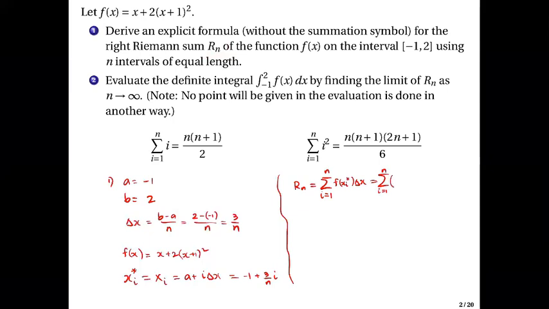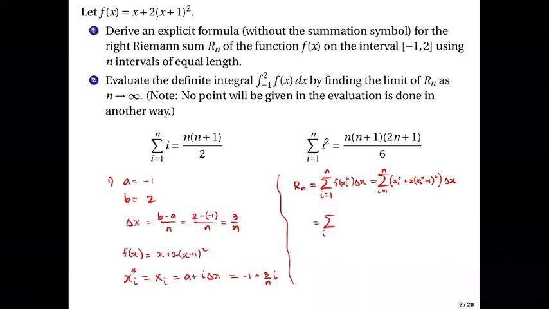So let's do this in full detail. We have (x sub i star plus 2) times (x sub i star plus 1) quantity squared. And then we have our delta x here. And then we substitute.